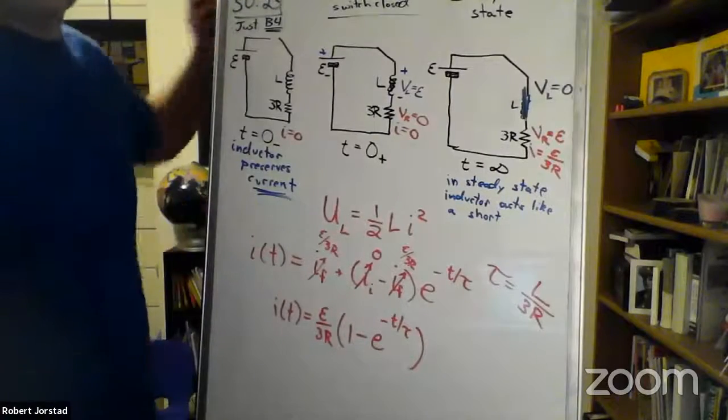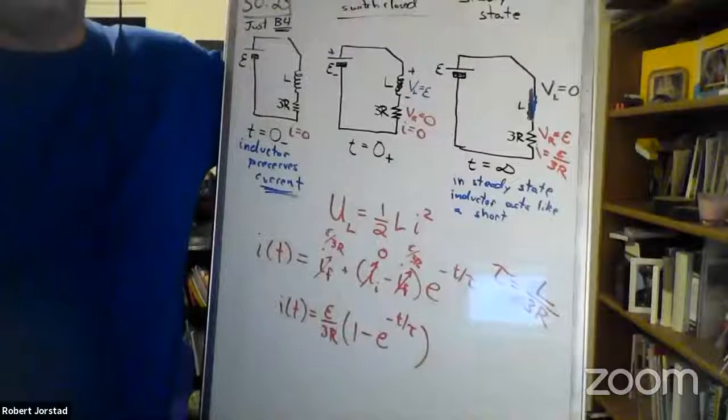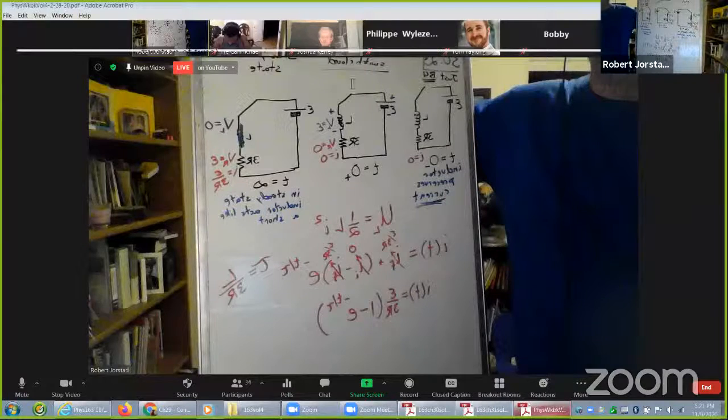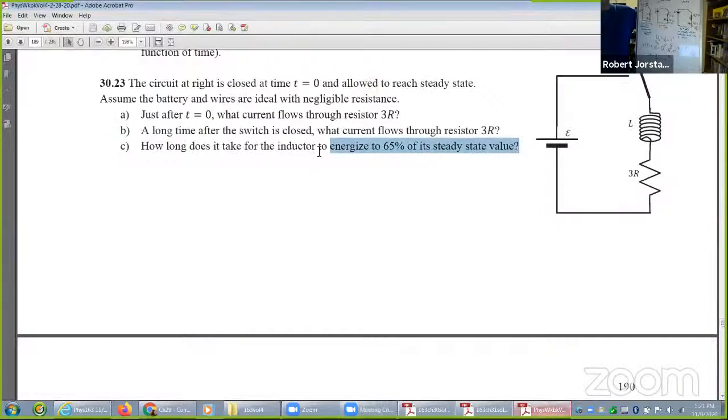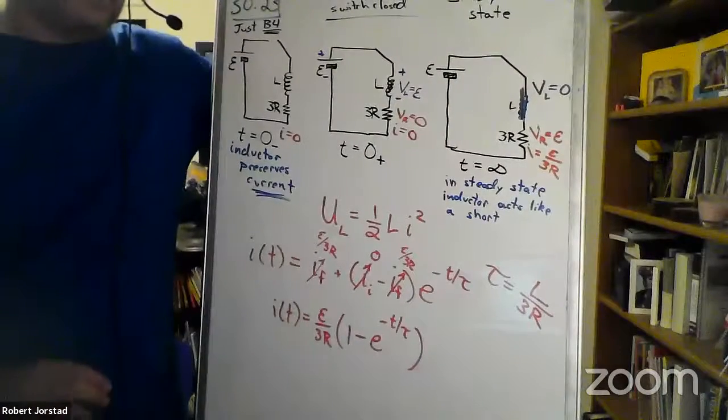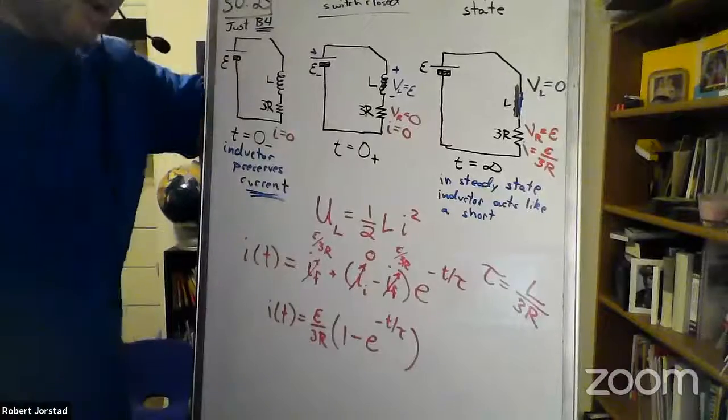And did we solve the problem? Let's see. What do we need to do here? All right. How do I get this job done? I did not solve it yet. How long does it take to reach 65% of its energized state?